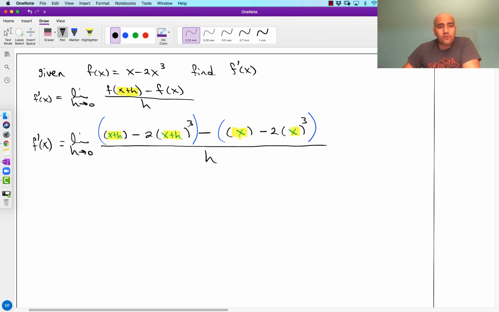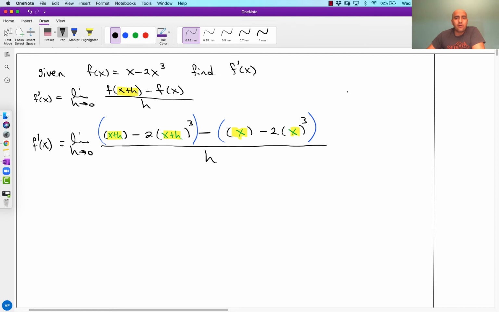Okay, so we're going to have to do a little bit of foiling here. Note that if we have (x+h)^2, that's going to be x^2 + 2xh + h^2.